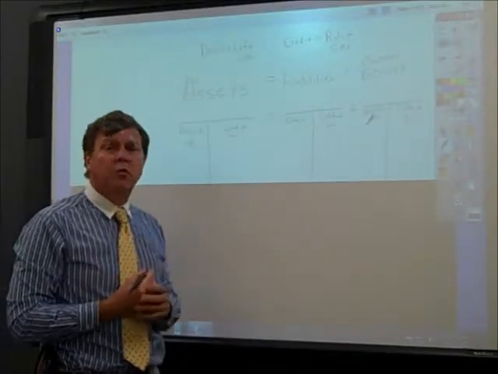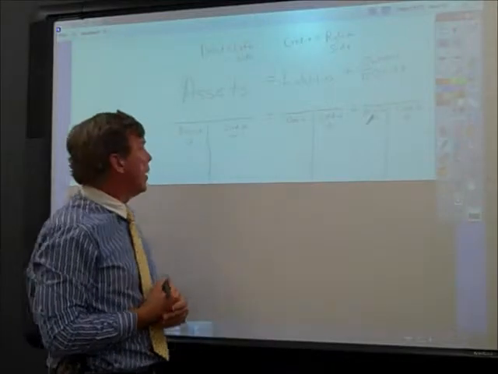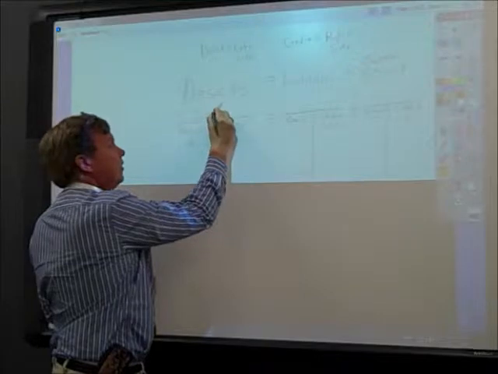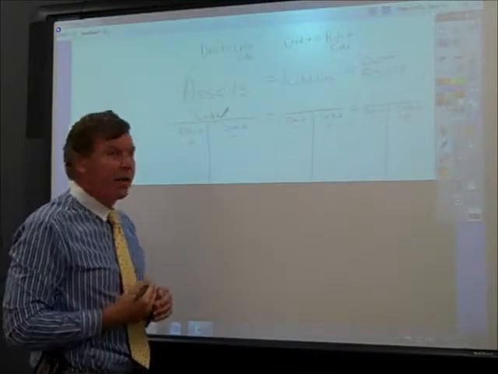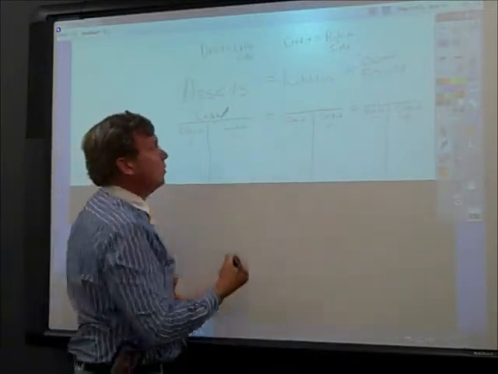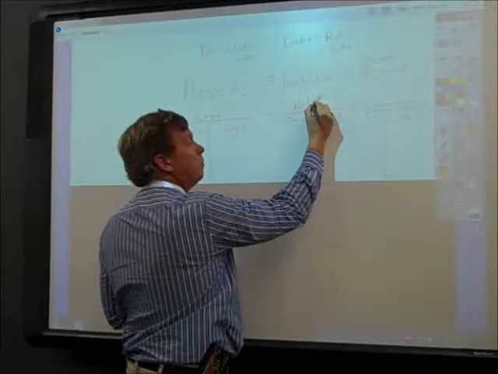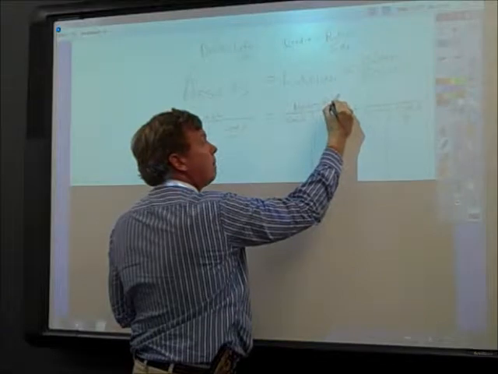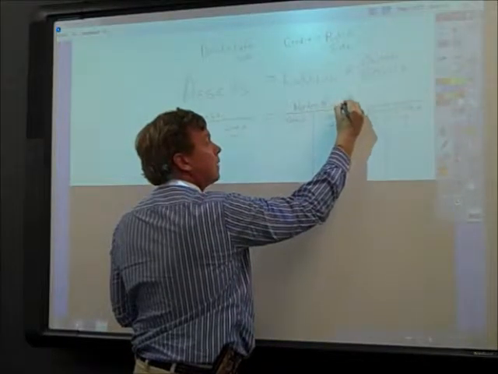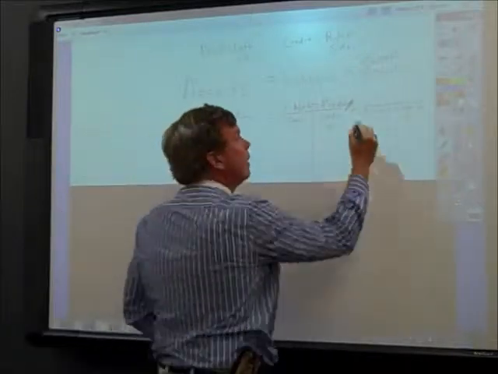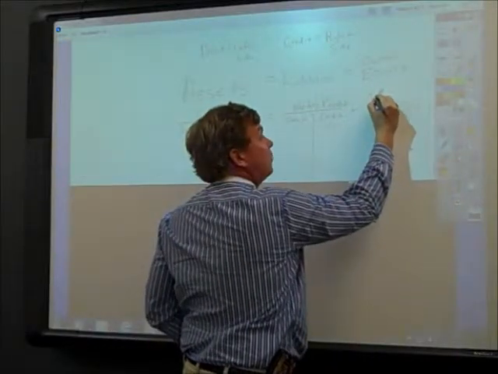Let's just run through an example or two about this. I'm going to identify this account as a cash account, an asset account. For our liabilities, I'm going to say this is notes payable. And for my owner's equity account, I'm going to have Jim Smith Capital.